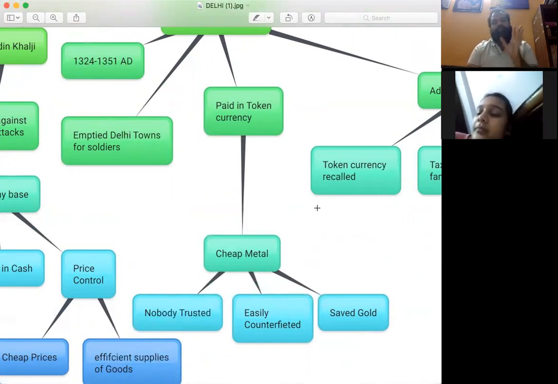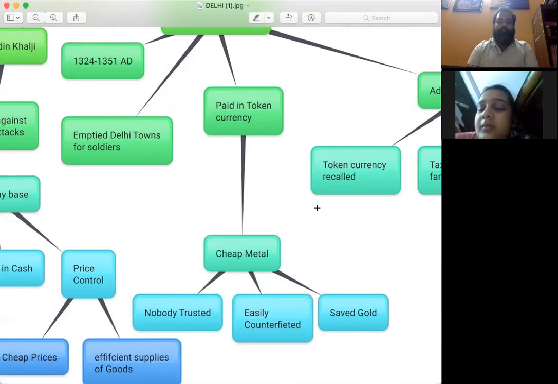In the same way, that was a paper currency of that time. It used very cheap metal, like iron. Because it used very cheap metal, nobody actually trusted it, since during those times gold coins and silver coins were in vogue. So that was one problem.